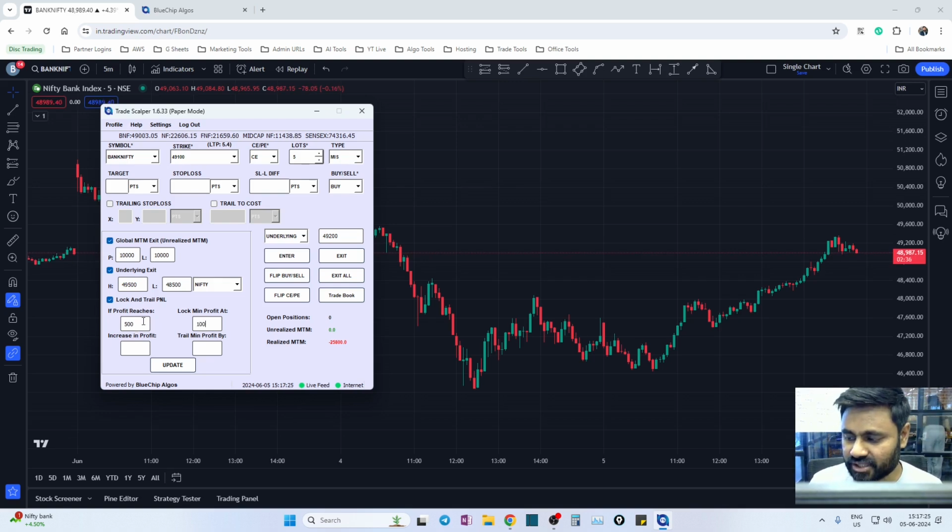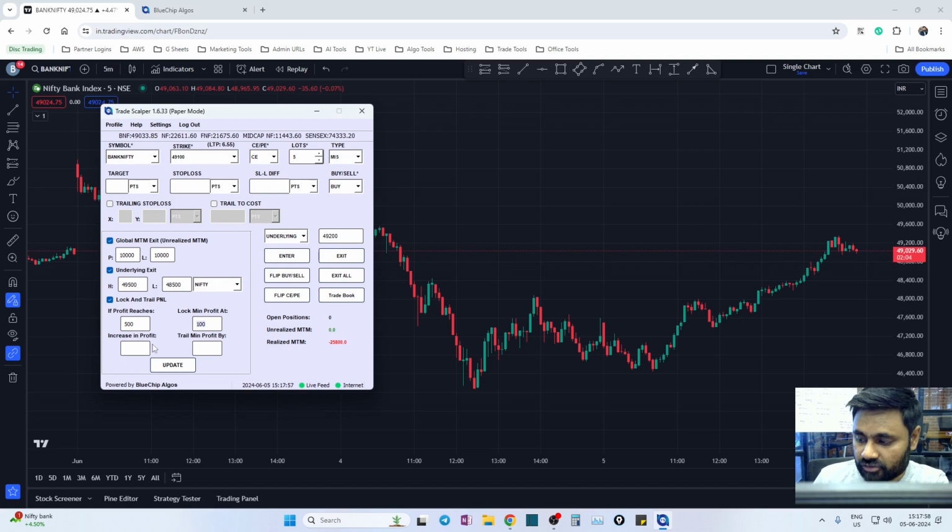What you are essentially telling the application is, once I reach 500 profit, lock my minimum profit at 100, which means even if the market takes a U-turn and your 500 rupees profit is falling, at 100 rupees it will exit all your positions and come back. So that day you will not go back with a loss. This is how you can instruct the application that once you get X amount of profit, lock the amount by, maybe, Y amount.